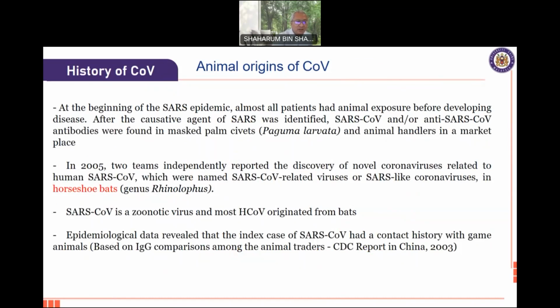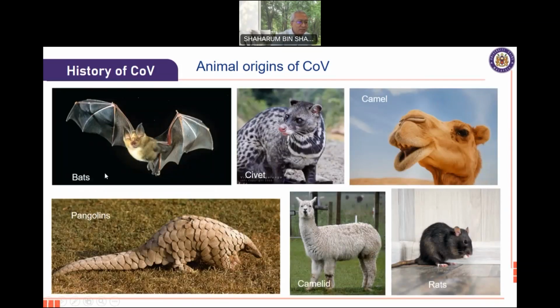So scientists had a postulation that maybe the virus originated from animals, and then they use the animal as a reservoir, and then when the time comes, they will infect humans. The animal most often reported as a reservoir for human coronavirus is the bat, the horseshoe bat, genus Rhinolophus. Other than that, you have civet, camel, pangolins, camelids, and also rats.